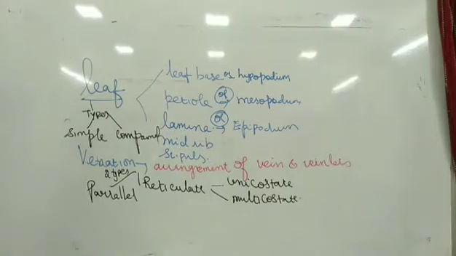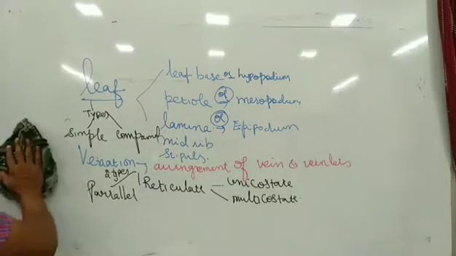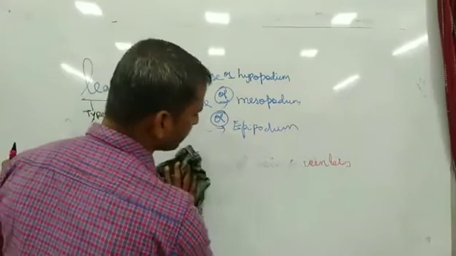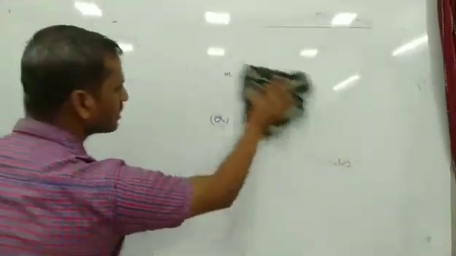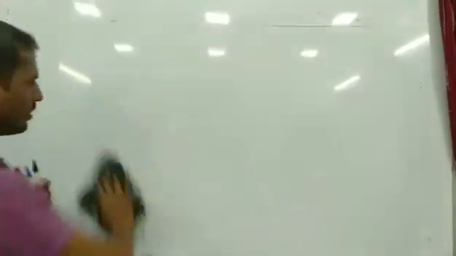Parallel venation is unicostate or multicostate, and reticulate venation also unicostate and multicostate. The types of leaf: either simple or compound. Now we move on. We have seen the leaf. Next we move to inflorescence.